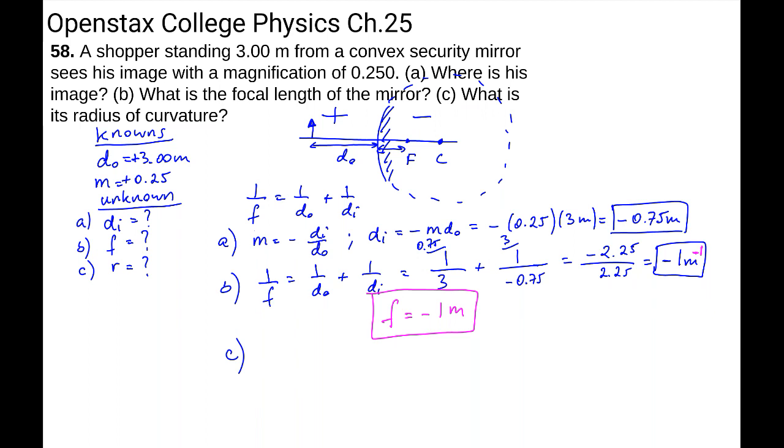So then the radius is actually twice the focal length. So I'm going to leave it as twice negative 1 meter, or negative 2 meters. And I'm leaving it as negative to show the fact that the mirror that we're dealing with has a radius of curvature that's on the other side of the mirror, that's not on the shiny side of the mirror, and that's what makes it negative.